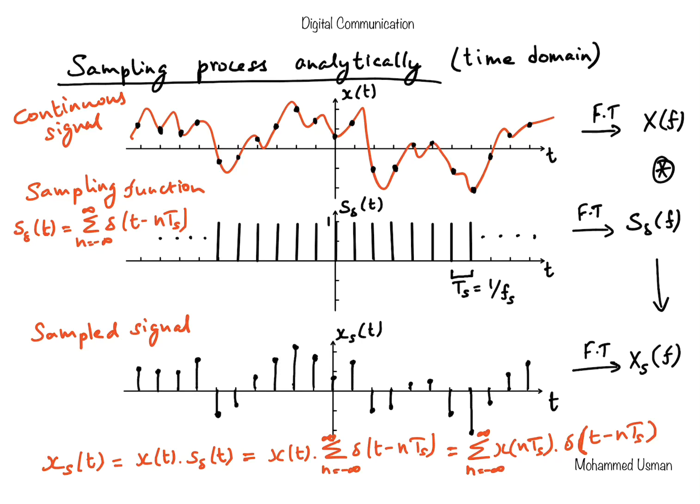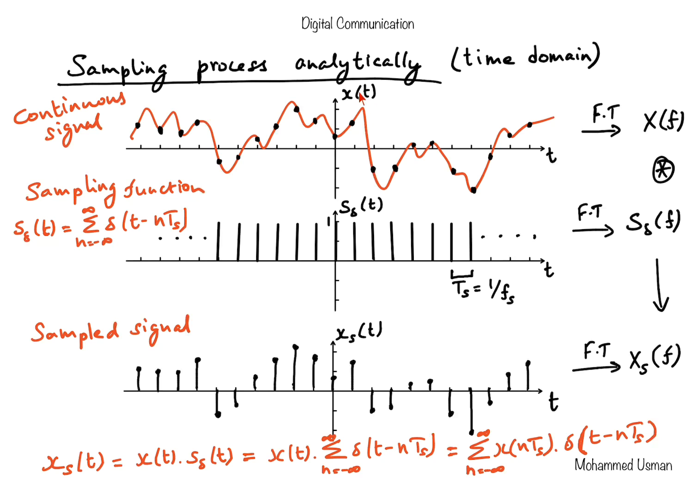Previously, we had discussed the analytical depiction of the sampling process, where we saw that sampling can be effected by multiplying the continuous-time signal with what we call a sampling function, which is nothing but an impulse train, where the deltas are separated by the sampling period.